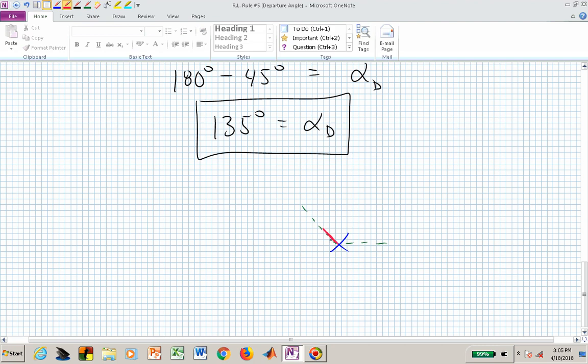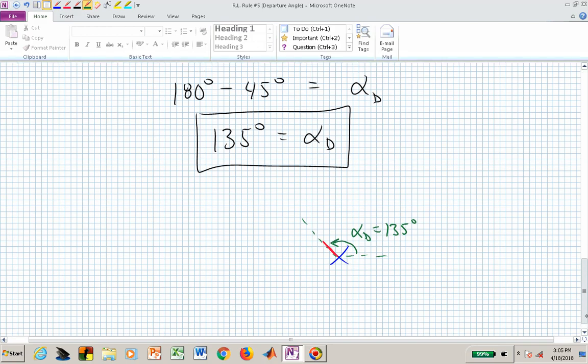So we're departing that pole at an angle of 135 degrees. This particular departure angle is 135 degrees. That's really rule number 5.